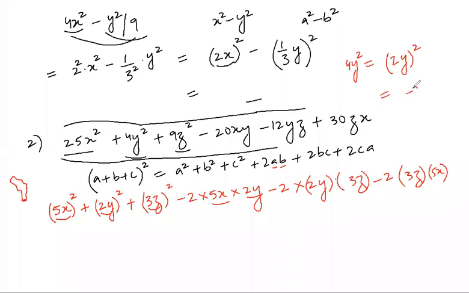It can also be written as minus 2y whole square, right? So you would rewrite this as 5x whole square plus, instead of 2y you write minus 2y whole square.